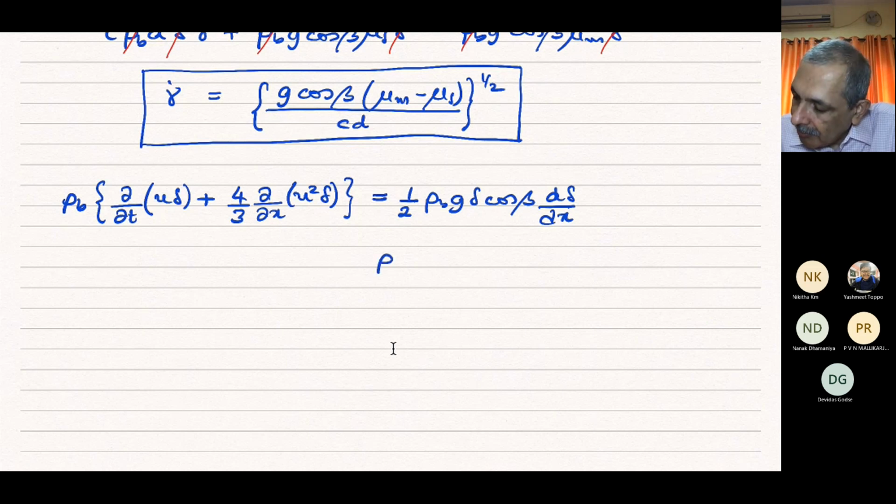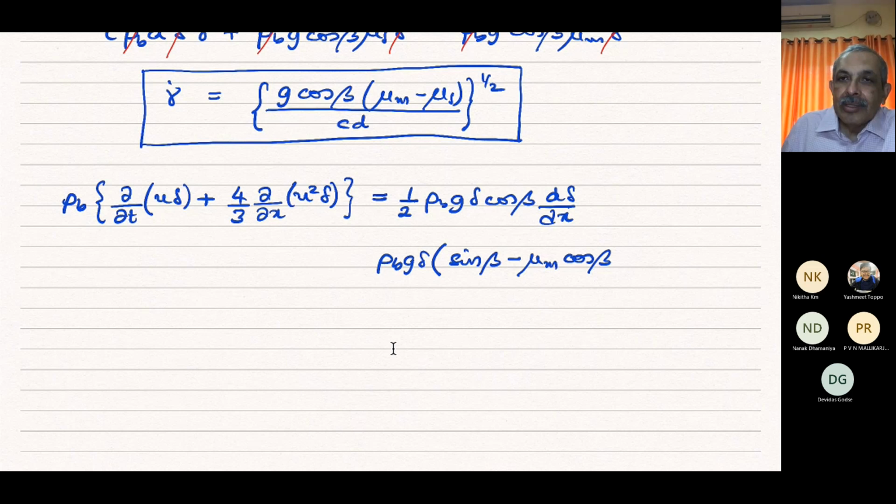So if you combine them all, then you get rho bg delta into sine beta. So this is the gravitational driving force. And then minus mu m cos beta. So this is essentially tau xy or sigma xy. So this is the internal friction term.